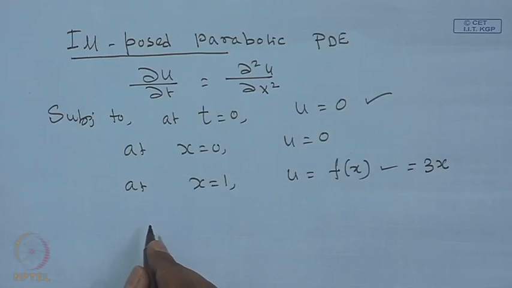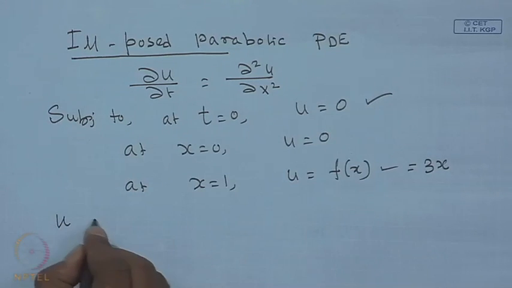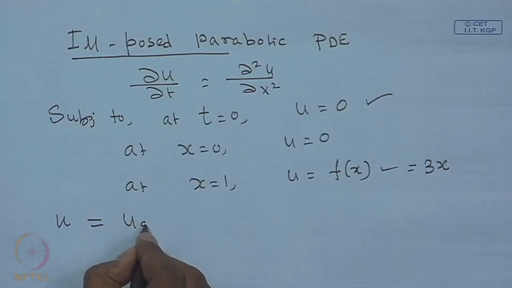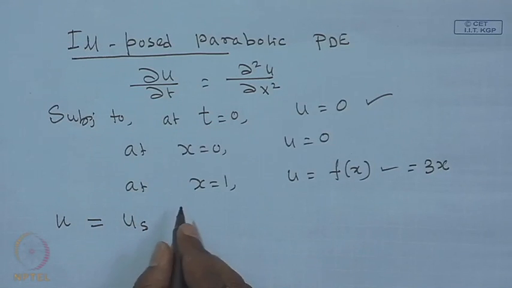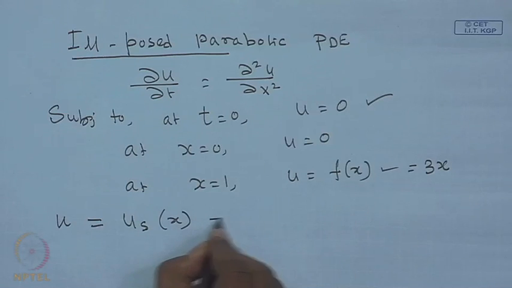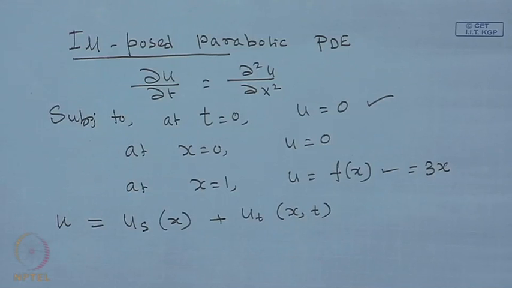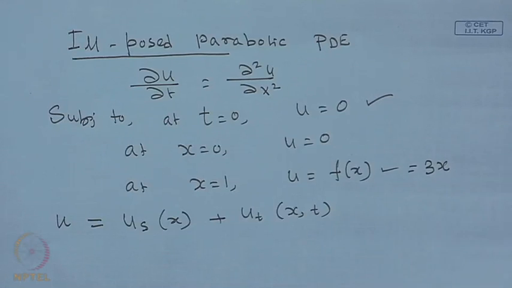So, if you really do that, this problem has been divided into two sub problems. One is the steady state part, which is a function of x alone, and another is the transient part, which is a function of x and t both. Now, next we formulate the governing equation of u s and u t and set the appropriate initial and boundary conditions.